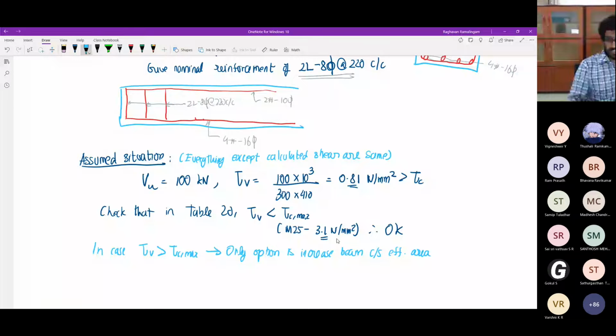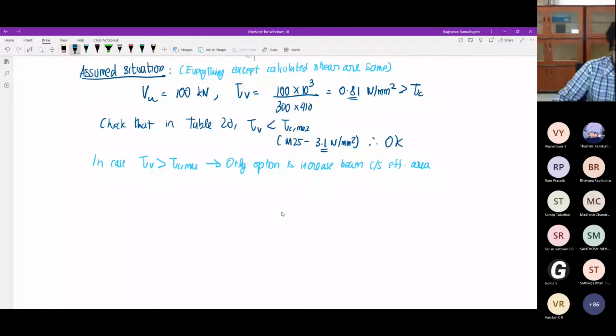Anyway, we have tau v as 0.81 Newton per mm square. Our tau c was 0.53 Newton per mm square, meaning the shear taken by the concrete, called shear resisted by concrete and longitudinal reinforcement.